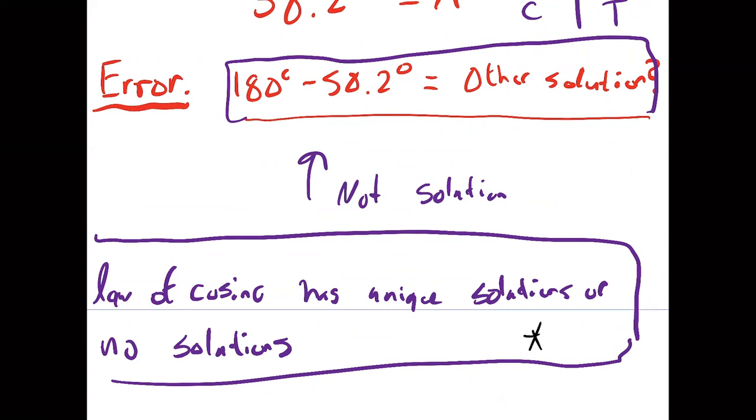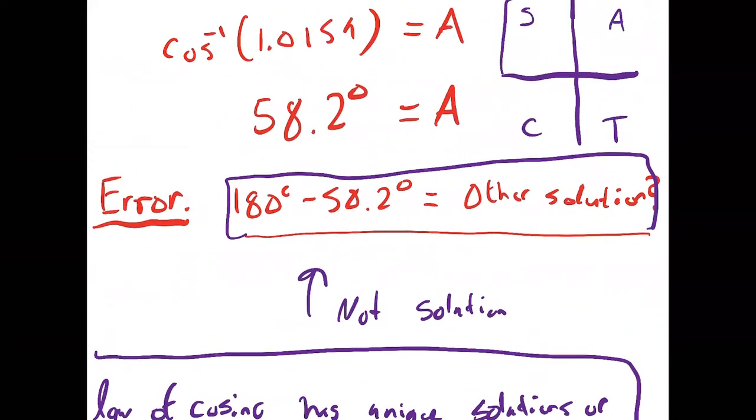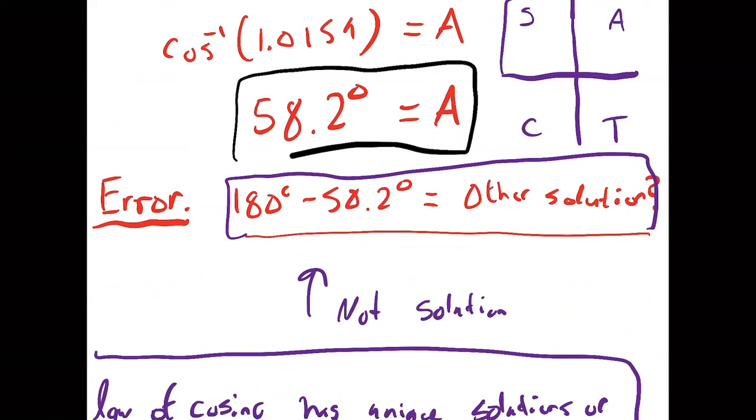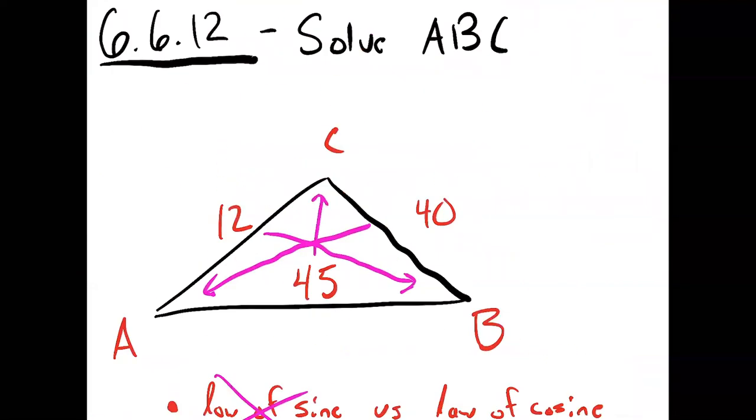All right, so we found A. And if we scroll back up, yeah, we found A, and now we just need to find B or C. And if we can find one more angle, then we're done because we know the sum of the angles of a triangle add up to 180 degrees.